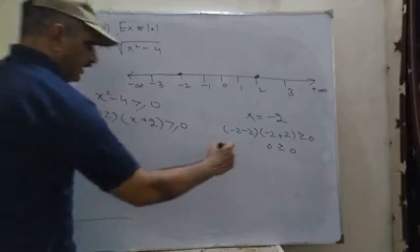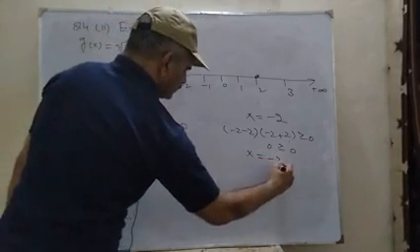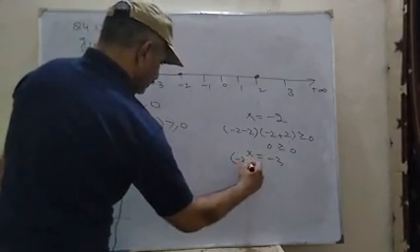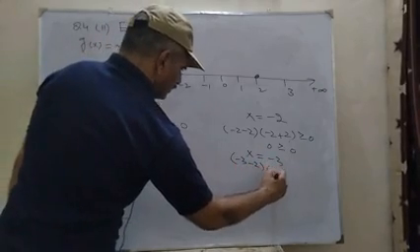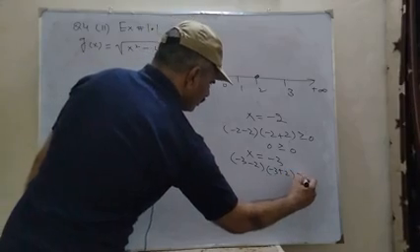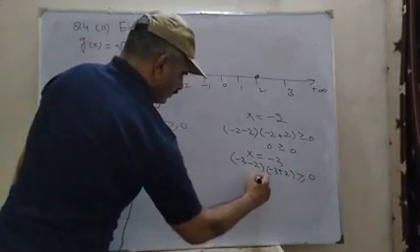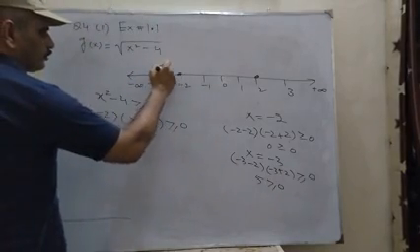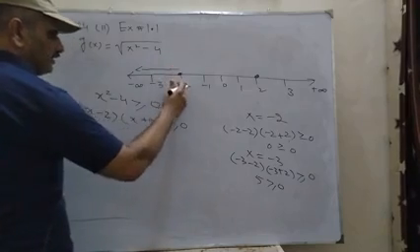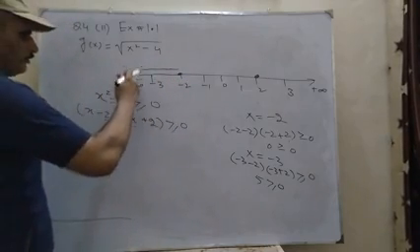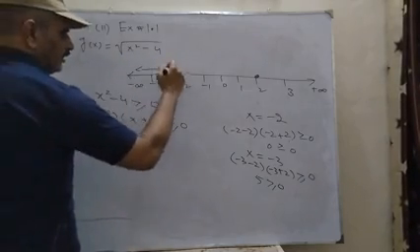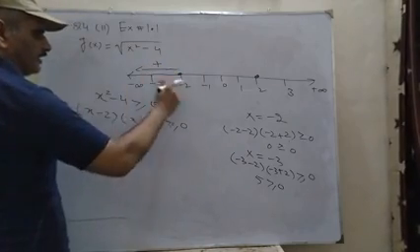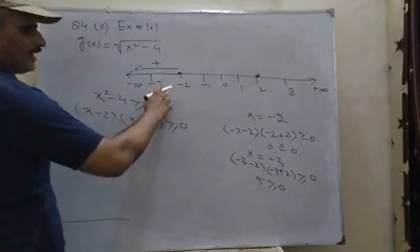If we choose x equal to minus 3, then the result will be minus 3 minus 2, minus 3 plus 2. The result will be 5. The condition is verified. It means you can choose any value from minus 2 and below, and you will get the positive result. For this interval, from minus 2 towards the left side, you will get positive values.